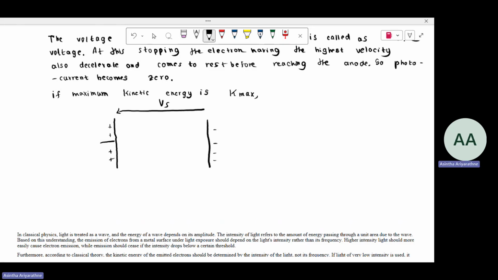So I'm considering an electron initially having Kmax of kinetic energy. And here it comes to 0. Here we assume when the electron reaches the other side, kinetic energy becomes 0.